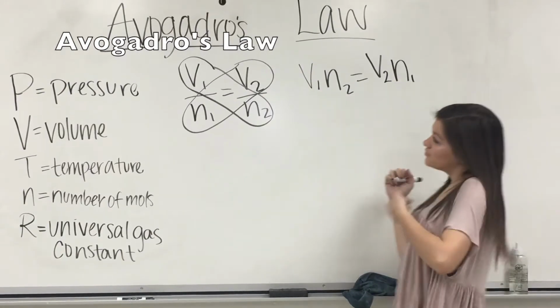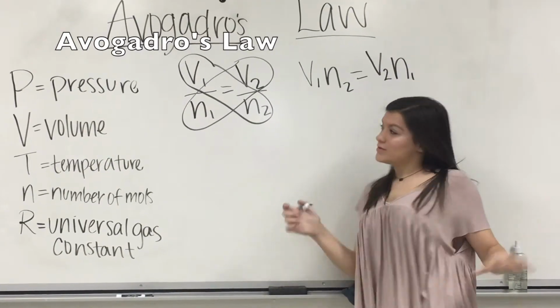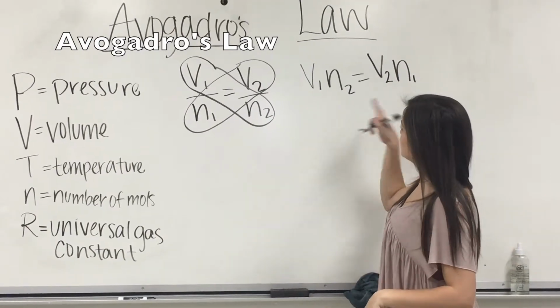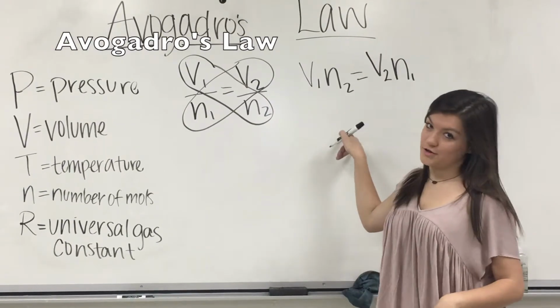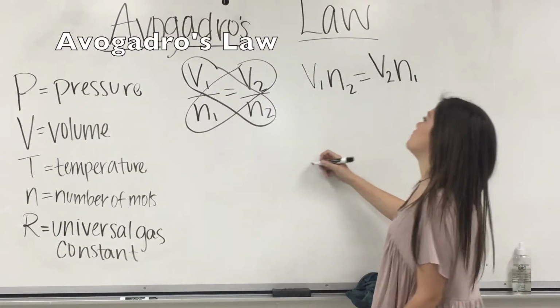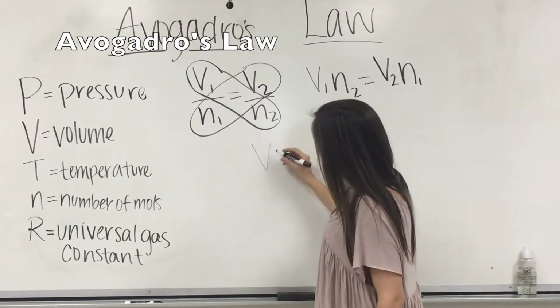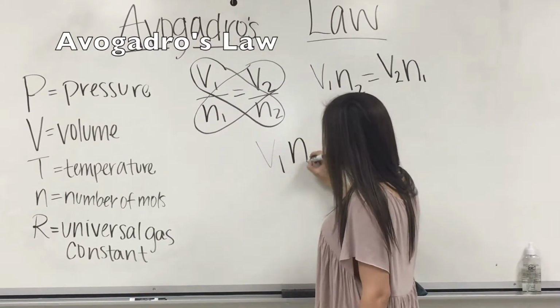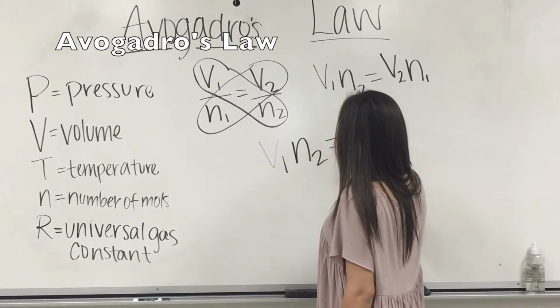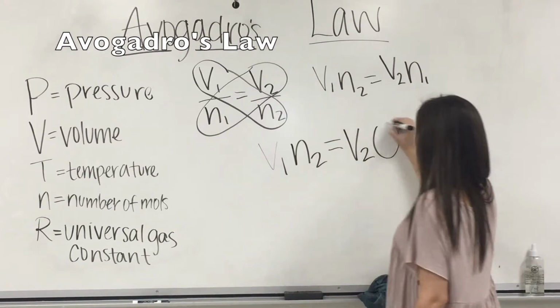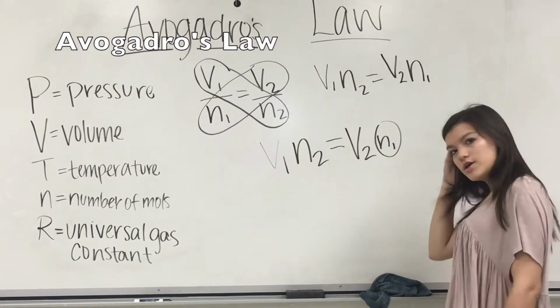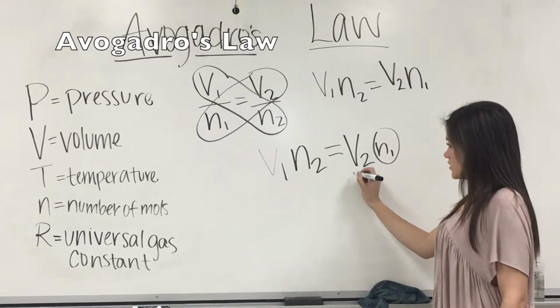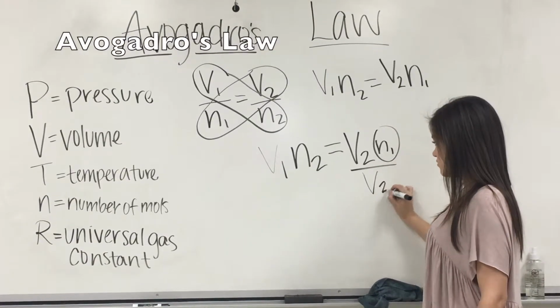Let's just say you get a word problem and they give you 3 out of the 4 variables, you have V1 equals V2, and then want you to find your N1. You would have to isolate your N1, so you would have to multiply V2 on both sides.